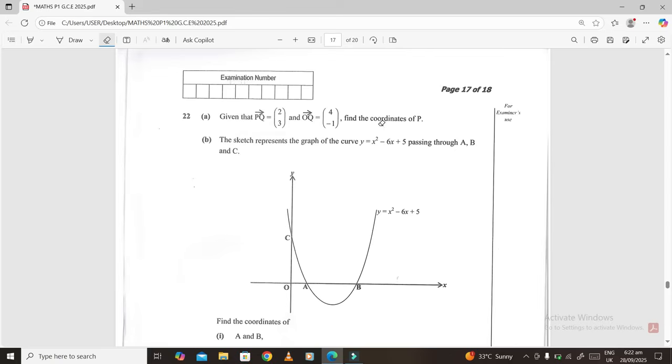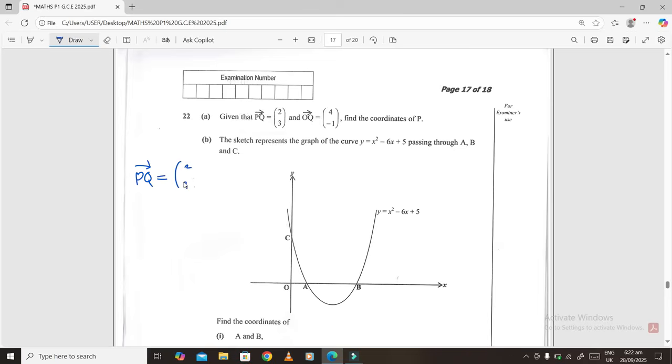So the next question here, they want us to find the coordinates of P. They've given us vector PQ, which is equal to 2, 3. And OQ is 4, negative 1. Okay. So here, this is an origin vector.